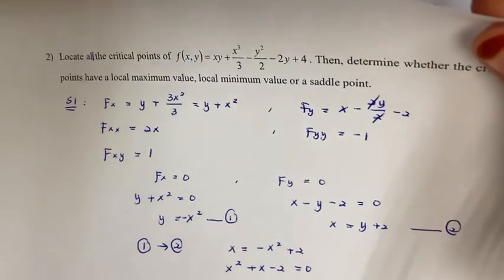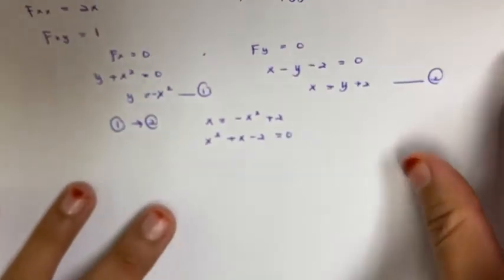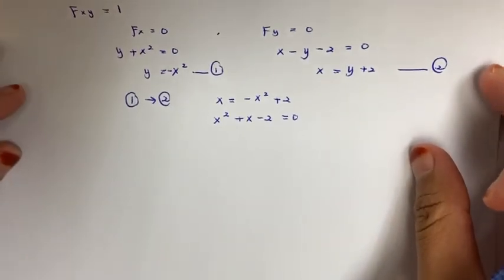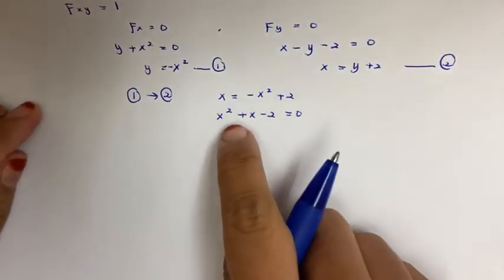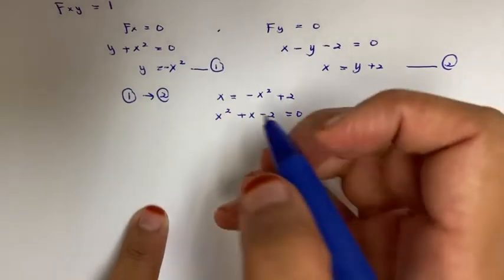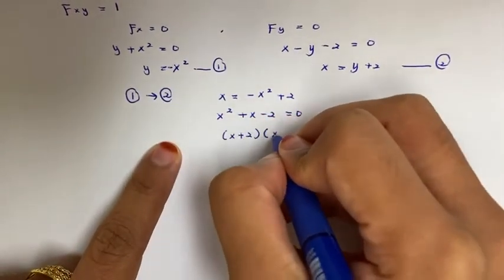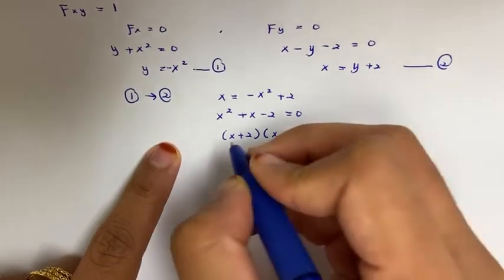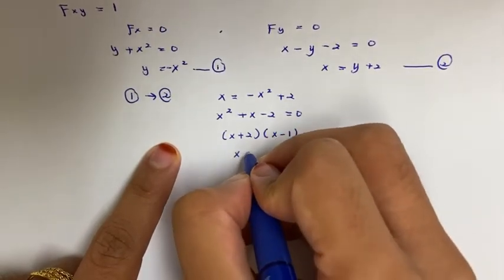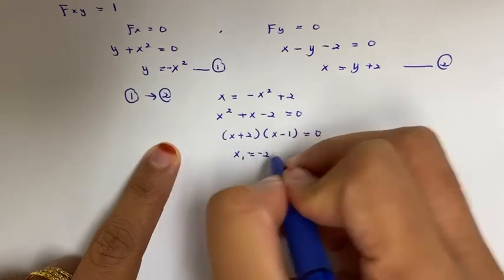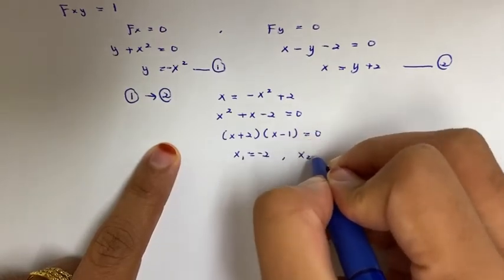Solving this, we know that we have two roots because we have a quadratic function. So this is (x plus 2)(x minus 1) equal to 0. The first x is equal to minus 2. The second x is 1.